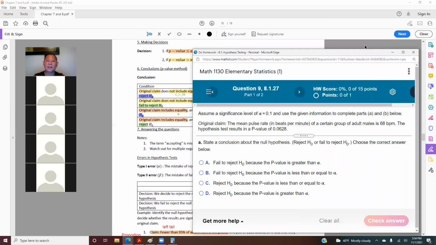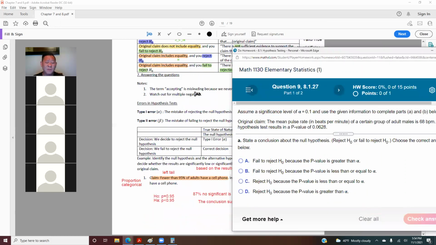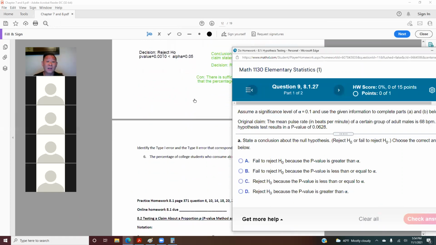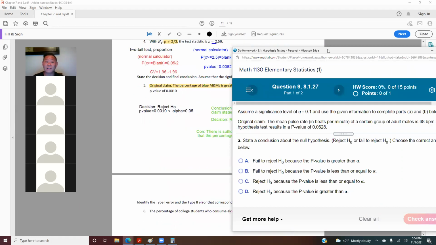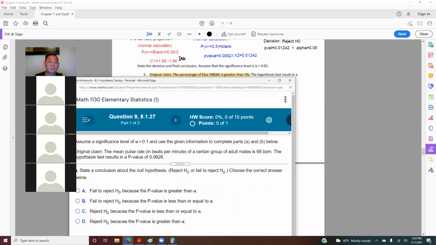The difficult part is this. Usually I wouldn't ask you type 1, type 2 error on the test, I wouldn't ask for that. But I will ask you for this one, the decision and the conclusion. So read this question. It's given to us that this is your original claim, and the hypothesis, the p-value is this, and the alpha is 0.01.